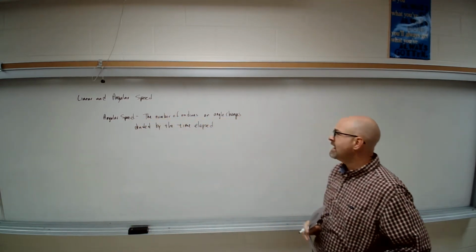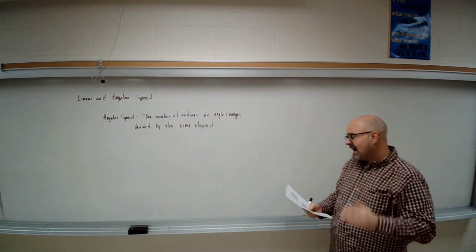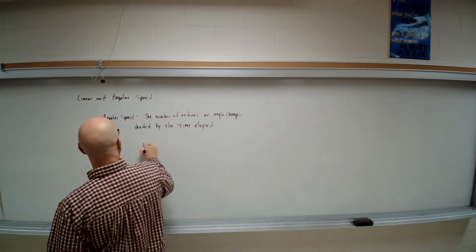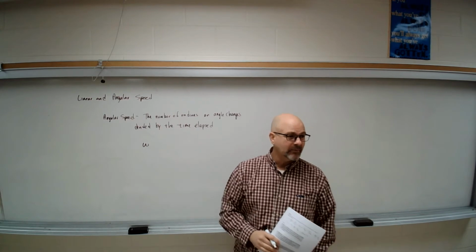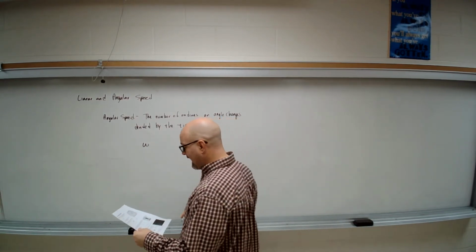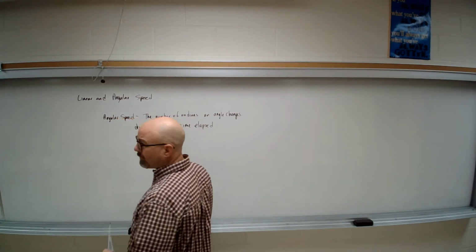The symbol that we use for this is a lowercase omega. It looks a lot like a W. It's actually an omega. Just a fun fact. And we think of that as theta over t.